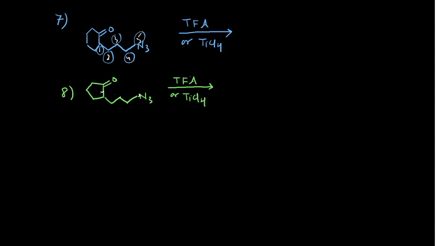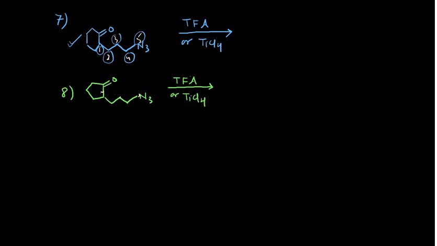That means you will form a new 5-membered ring, and that 5-membered ring will have nitrogen at the junction. So, definitely the ring size of this cyclohexanone system will increase by 1 unit, because it will have nitrogen, right.